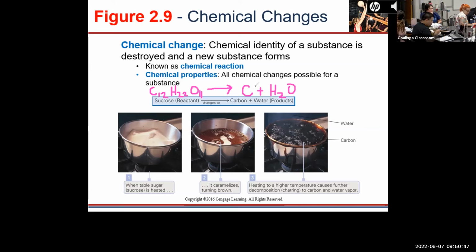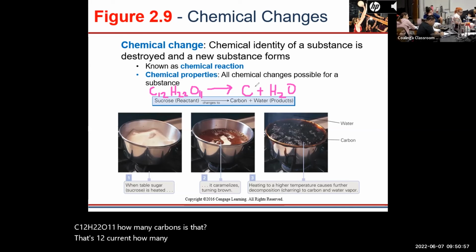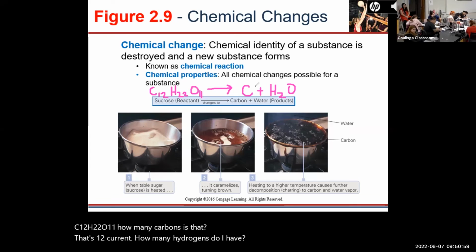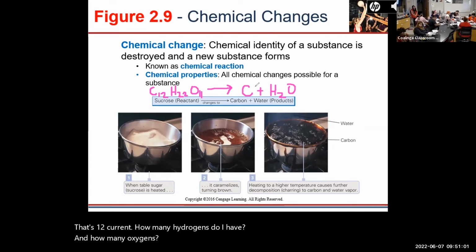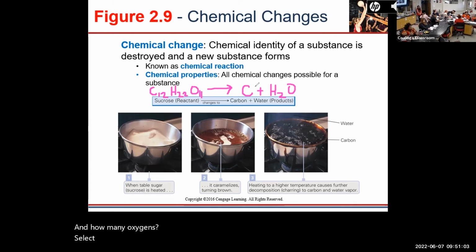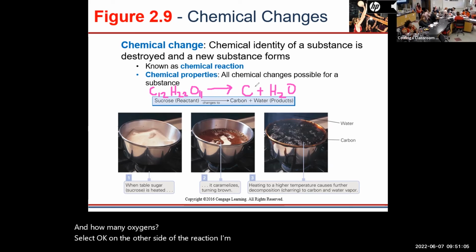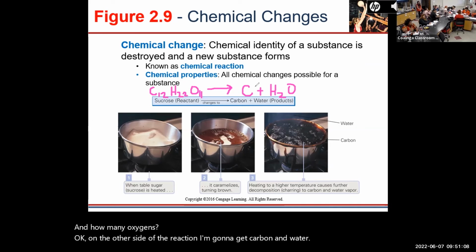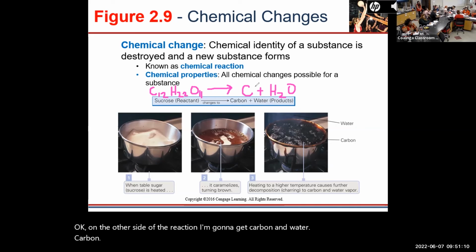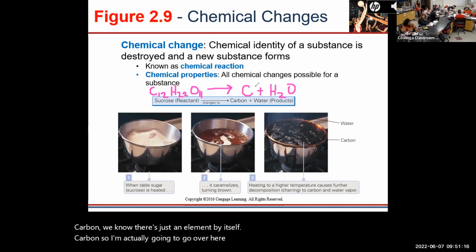C12, H22, O11. How many carbons is that? That's 12 carbons. How many hydrogens do I have? 22. And how many oxygens? Okay. On the other side of the reaction, I'm going to get carbon and water. Carbon, we know, is just an element by itself.